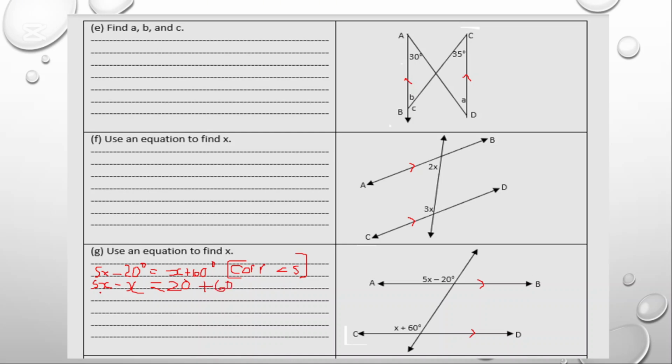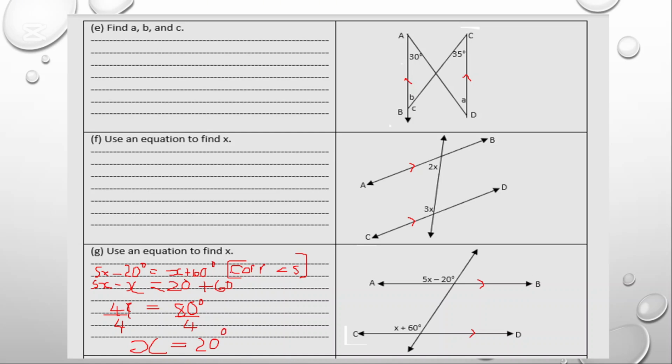Okay, so 5x minus x is 4x. 4x is equal to 20 plus 60, which is 80 degrees. And you ask yourself, 4 times what is 80? And you know 4 times 20. Or you can divide left hand side by 4, right hand side by 4. And your answer, x is equal to 20 degrees.